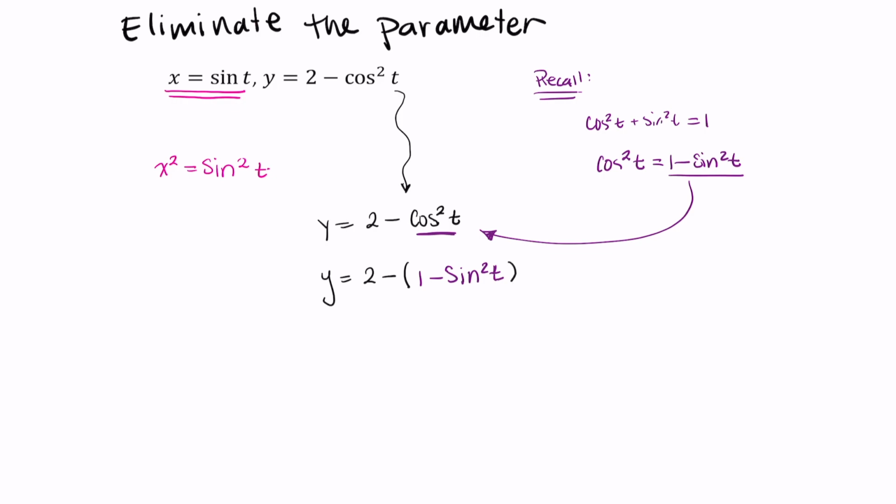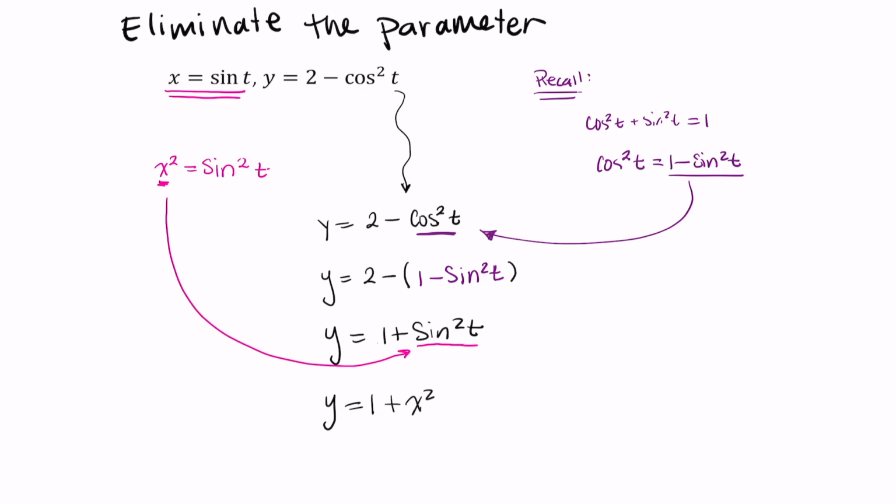Now, before I continue, let's just quickly simplify this. y is equal to 2 minus 1 plus sine squared t. So y is equal to 1 plus sine squared t. There we are. And now we already know that sine squared is equal to x squared from here. So I'm going to replace that sine squared with an x squared to get y equals 1 plus x squared.